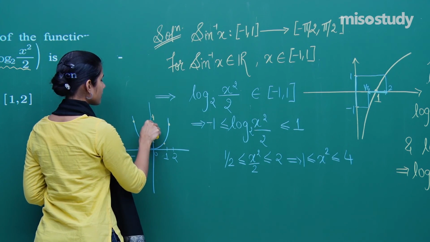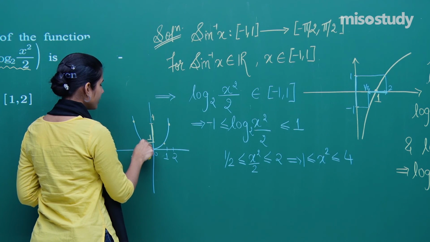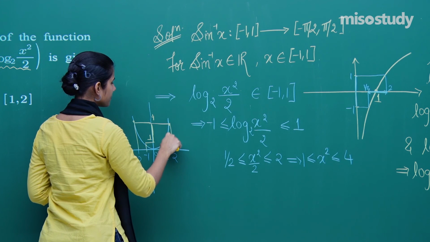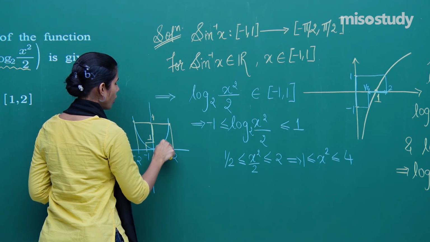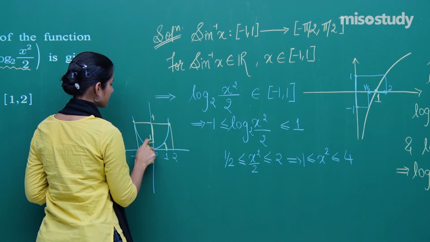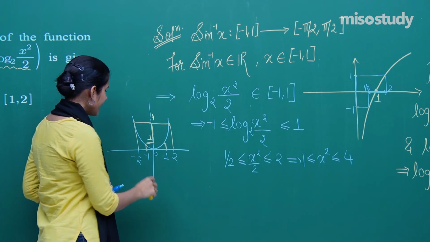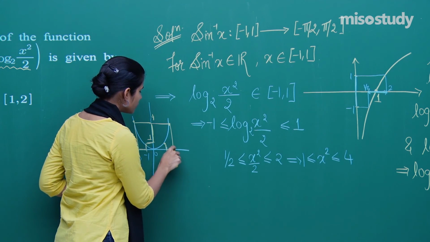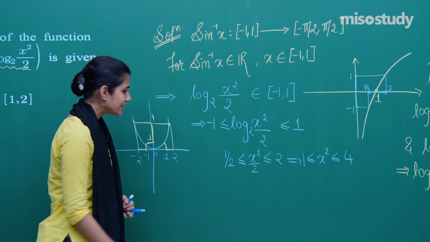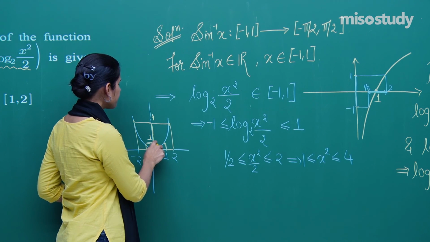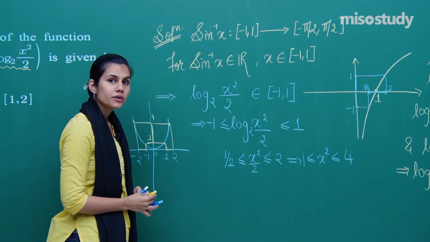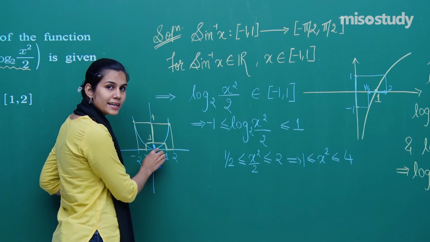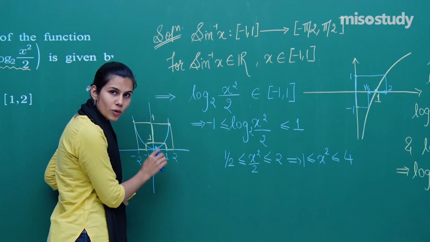This is possible only when x is satisfying what? Well, if x is between minus 2 and minus 1 and x is between 1 and 2, only in that case x square will be from 1 to 4. Because if x falls greater than minus 1, then x square will be less than 1.